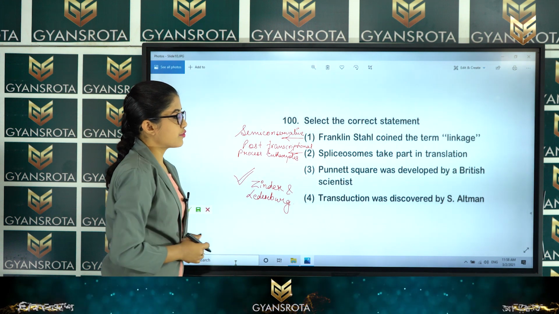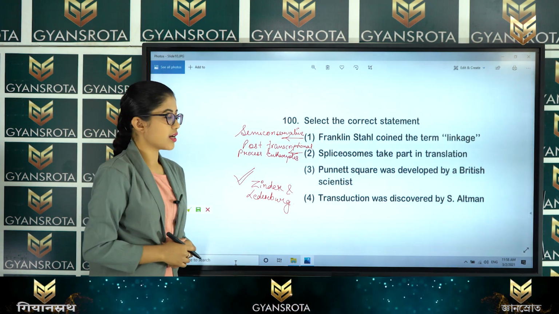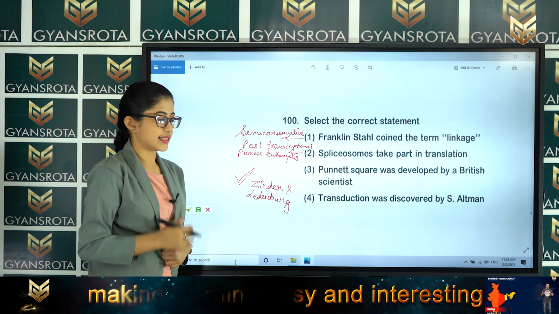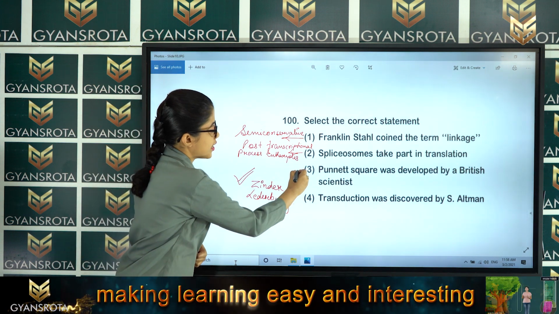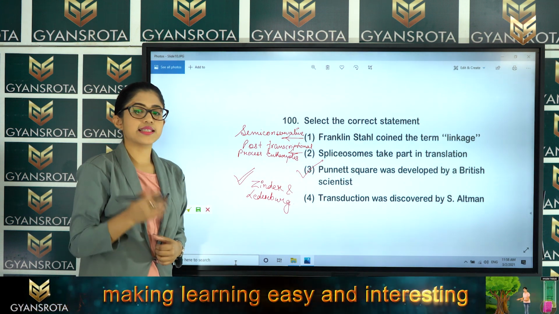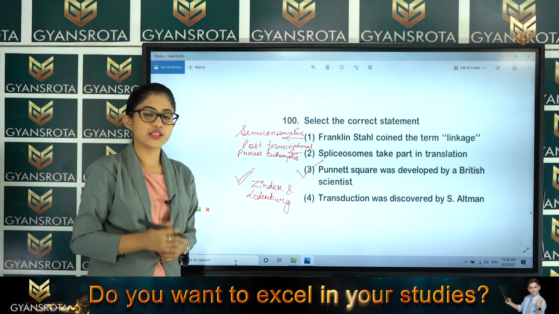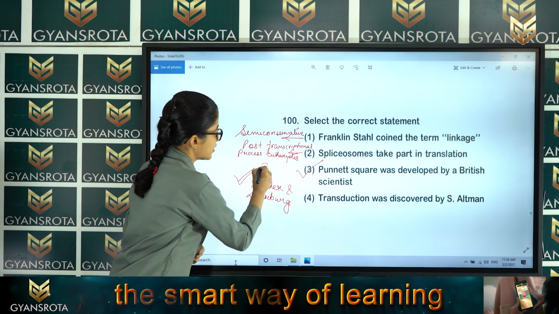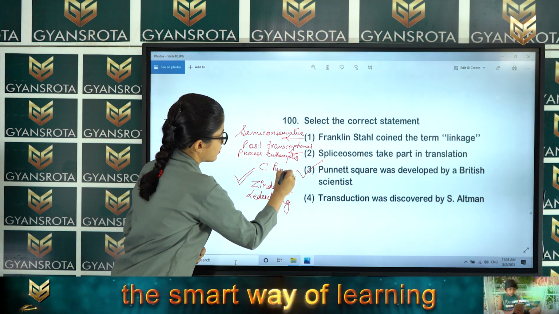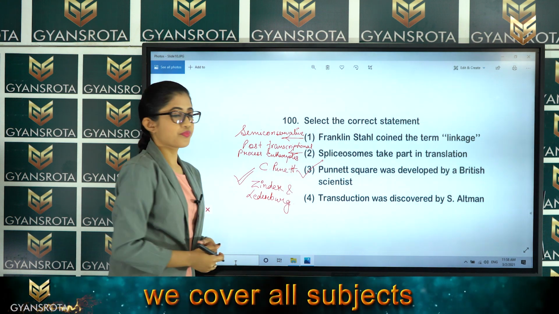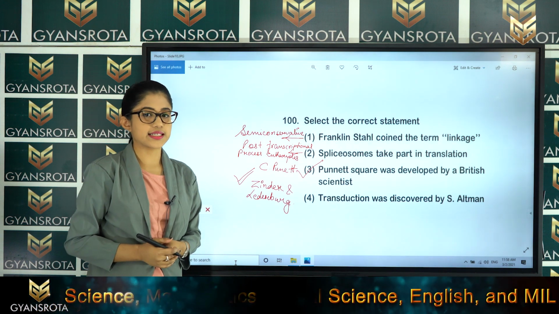So these 3 are the incorrect statements and we have to select the correct statement. So option number 3 is the correct statement, and it says that the Punnett square was developed by a British scientist, that is R. C. Punnett. Okay, so option number 3 is the correct answer.